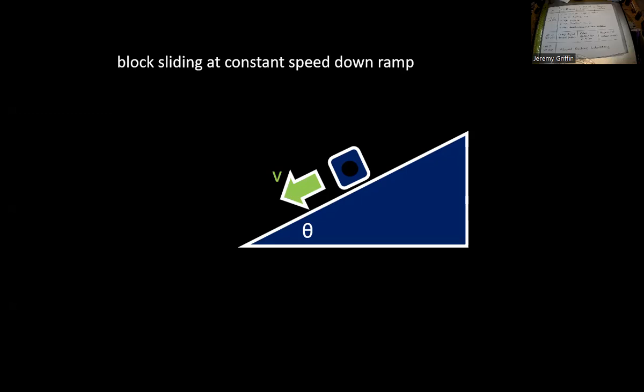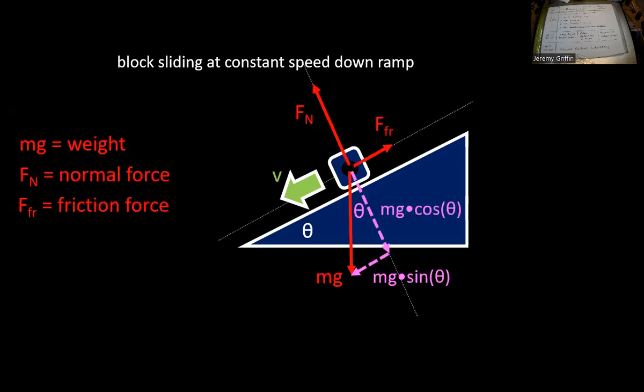So would that block also be in equilibrium at constant velocity? Yes, it would be. And what that means is that the free body diagram looks exactly the same as the last slide. Maybe technically the difference would be that this friction would be kinetic friction instead of static friction, which might have a slightly different angle for the given materials, but otherwise it pretty well looks the same. The forces are still balanced.